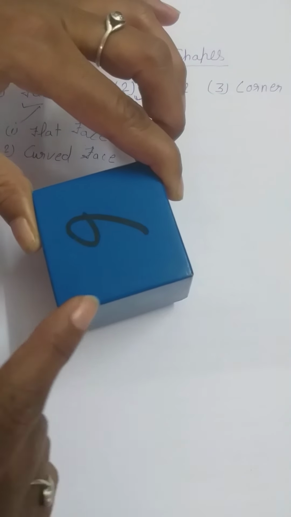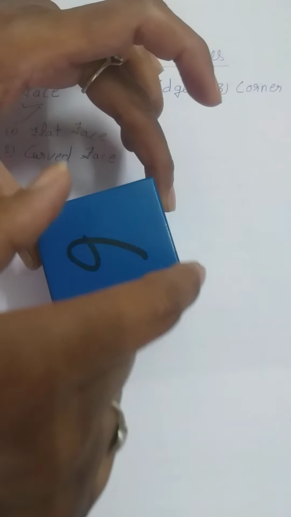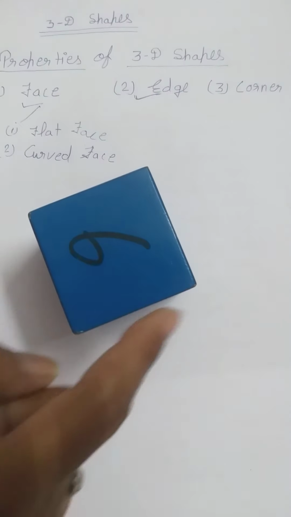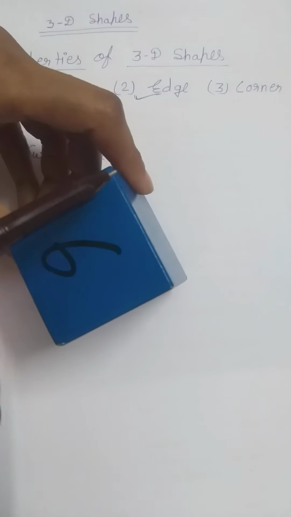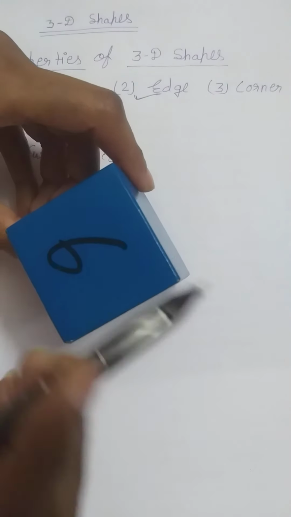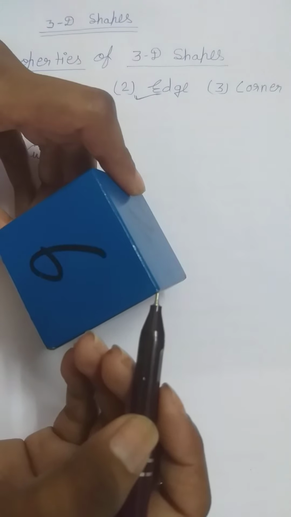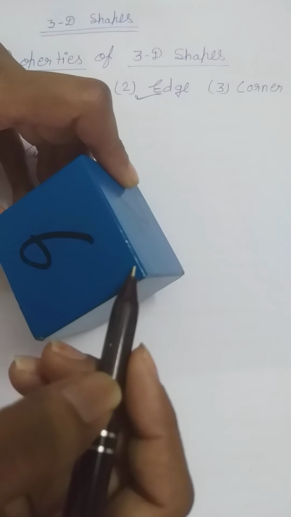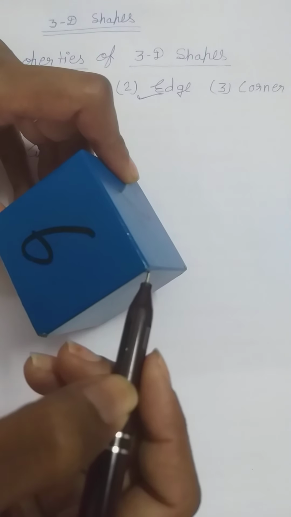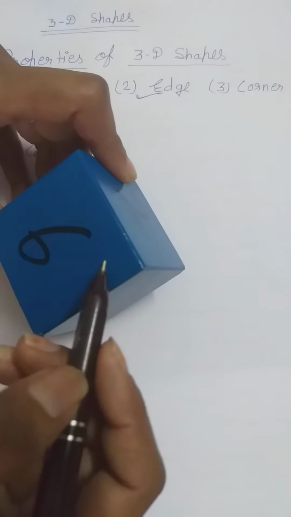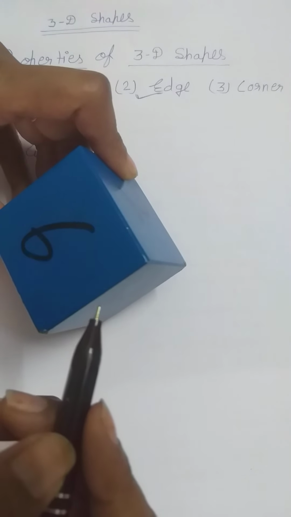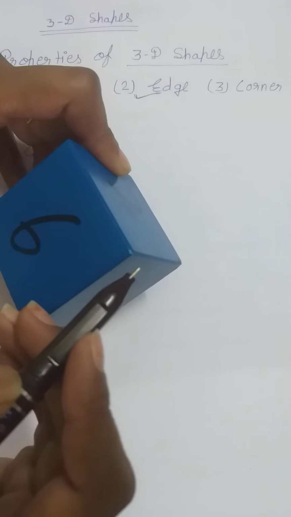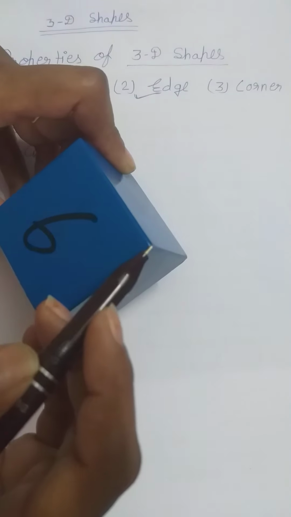This one is an edge and this one is also an edge. Where two or more edges meet, that point is called a corner or vertex. V-E-R-T-E-X. So this point is our vertex or corner.